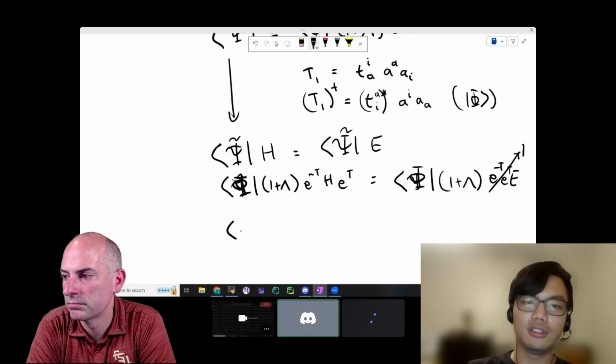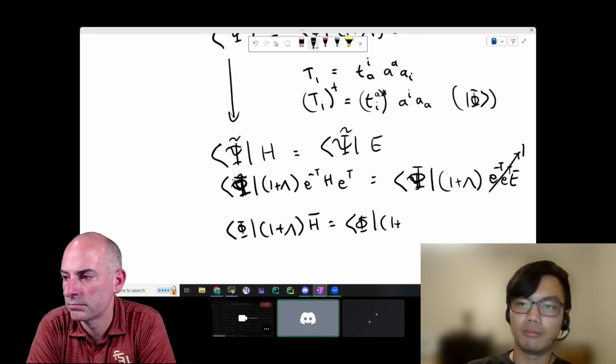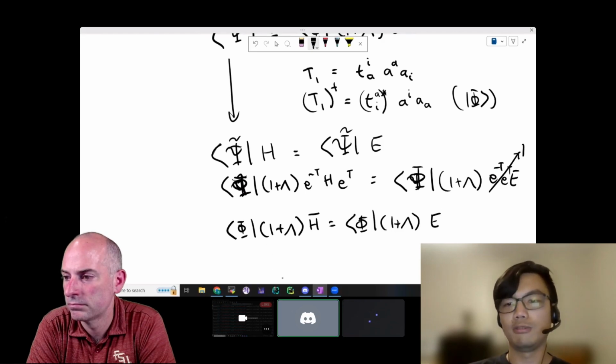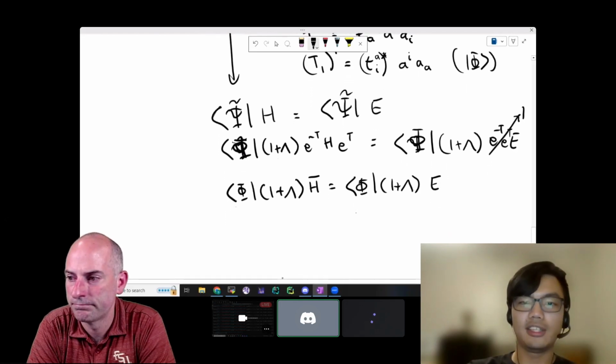This is H bar. So you can see that now my left eigenvalue equation looks like this: the left-hand side is 1 plus lambda H bar equals E times 1 plus lambda. Right, so that's the fundamental equation for the left-hand coupled cluster equation for the ground state.